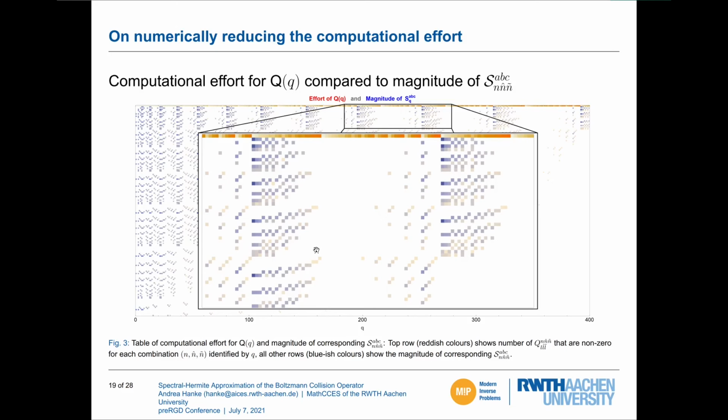So now the idea is, let's get rid of all the small values of S, and from this plot we can already hope that this can indeed reduce the computational effort of our overall evaluation by quite a lot.